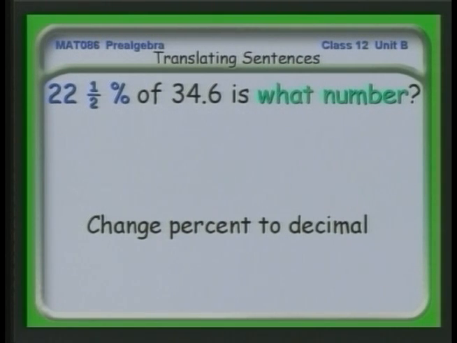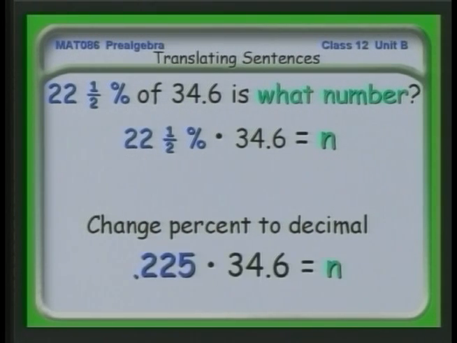22.5%, we're getting a little interesting here, of 34.6 is what number? We need to identify what's the whole thing, the number following the "of." So 34.6 is the whole pizza, and we want to know what 22.5% of that is. We do the translation. Notice the "of" translates as a times sign. Now we need to change that percent to a decimal. We remember that 1/2 is the same as 0.5.